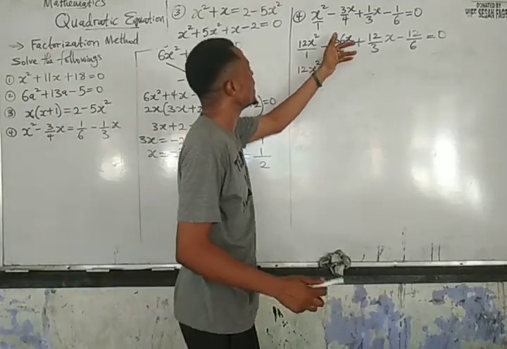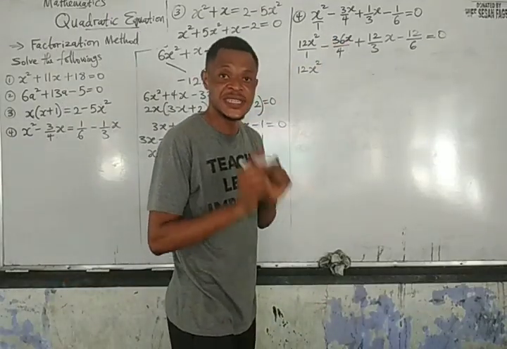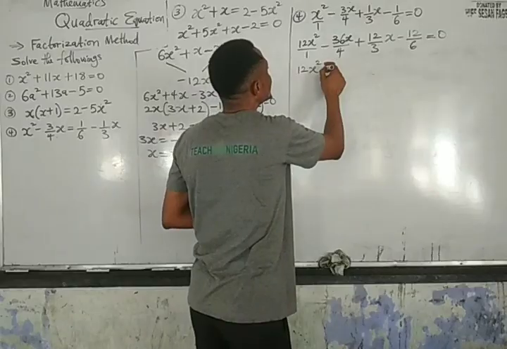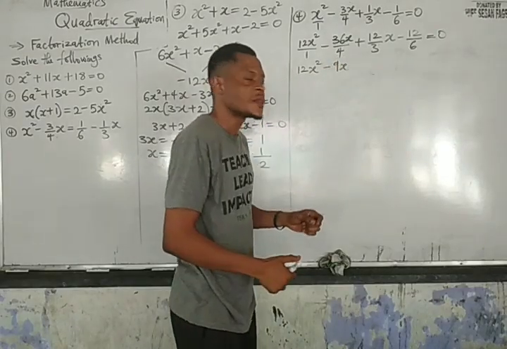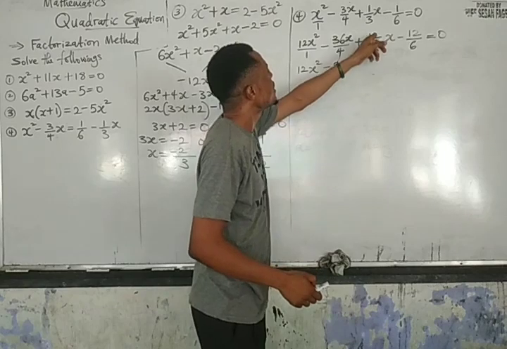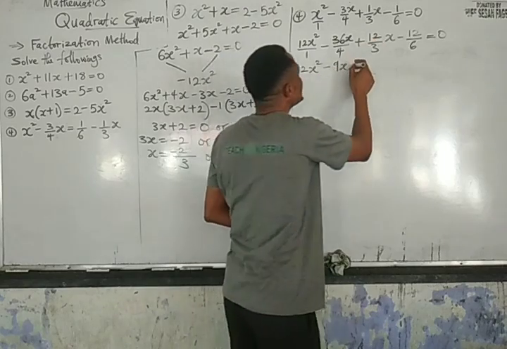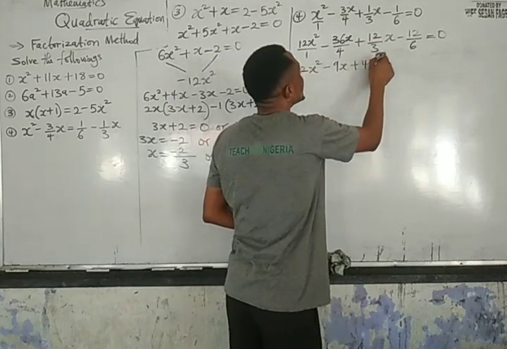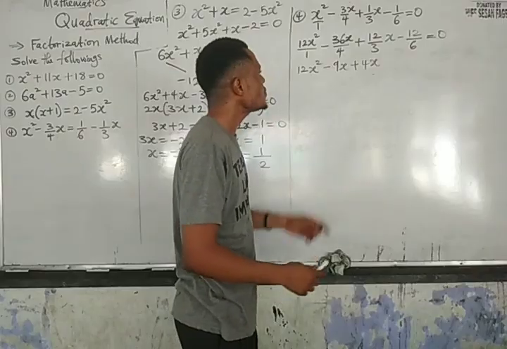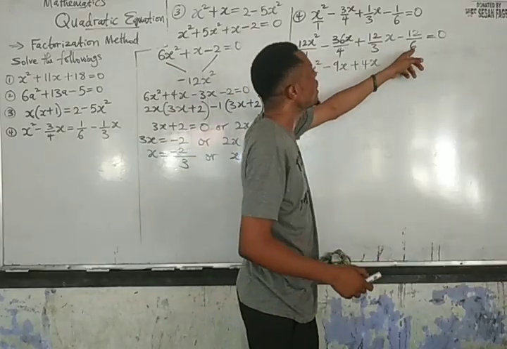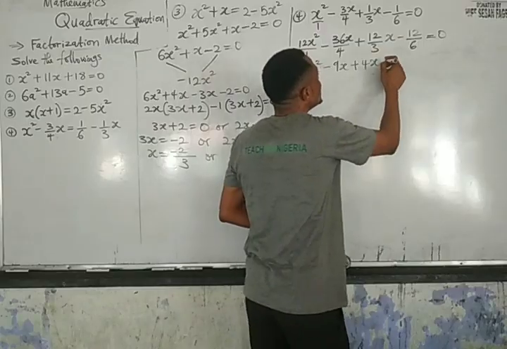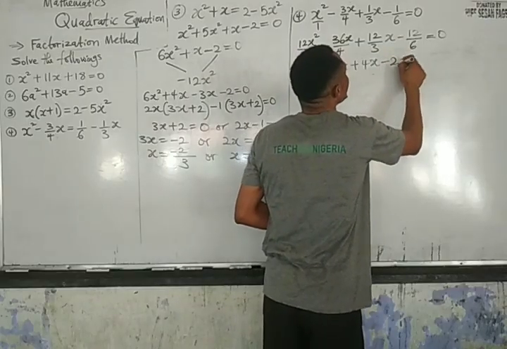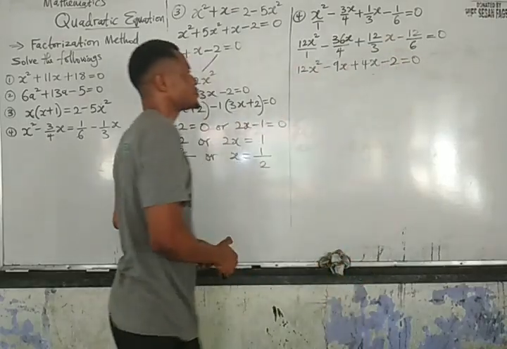So 4 in 36 is going to give us 9. We have minus 9x. Then 3 in 12, we have 4x. Once again, 6 in 12 is going to give us minus 2 equal to 0.